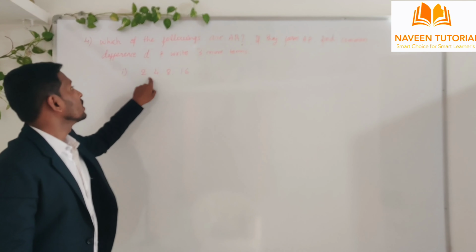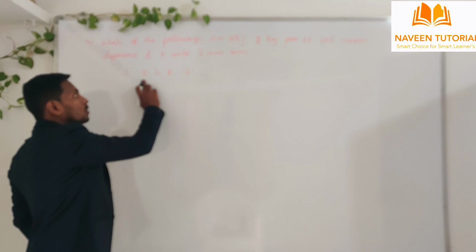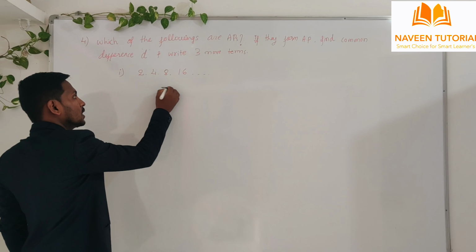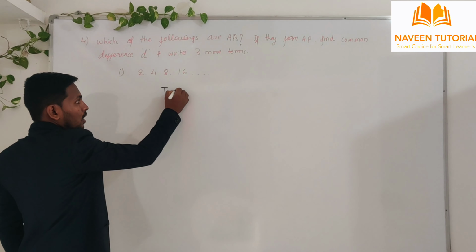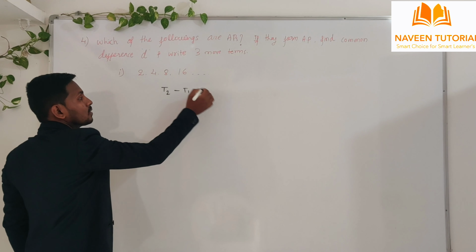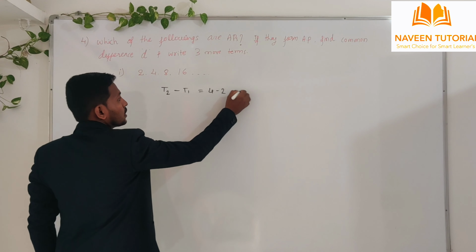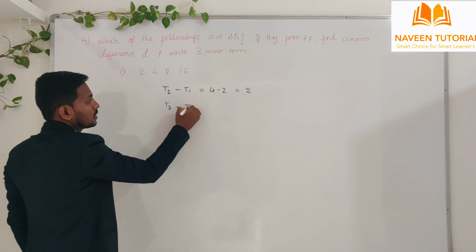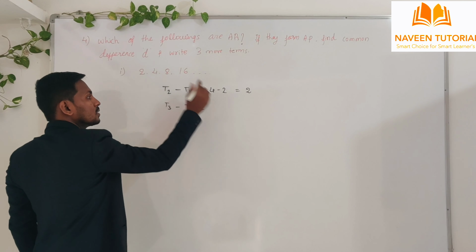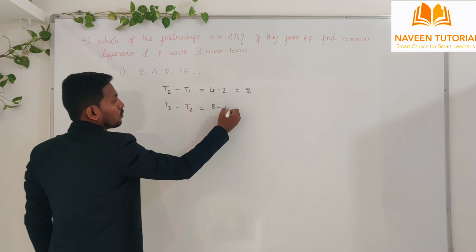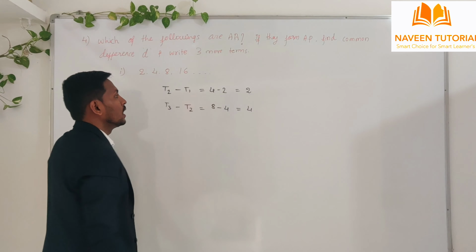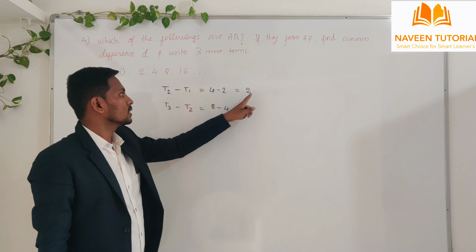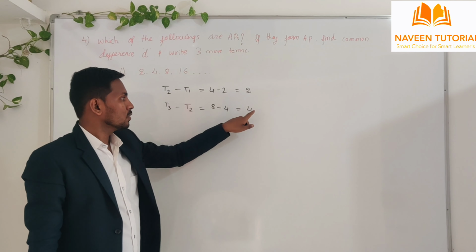Here the first term is 2, the second term is 4, the third term is 8. Now to cross check, first T2 minus T1, that is 4 minus 2 is equal to 2. Then T3 minus T2, that is 8 minus 4 is equal to 4. Here the first common difference, T2 minus T1, is 2 and here the difference is 4.